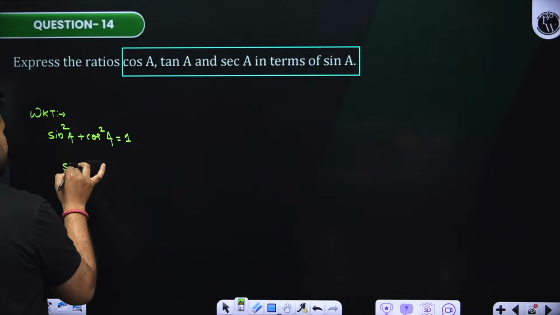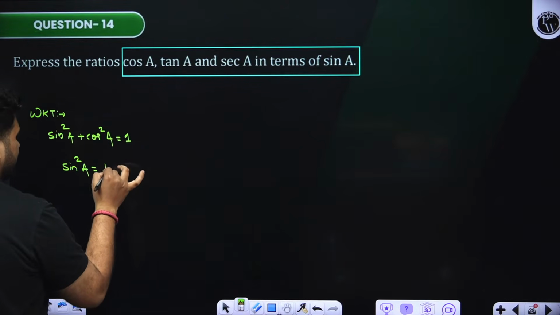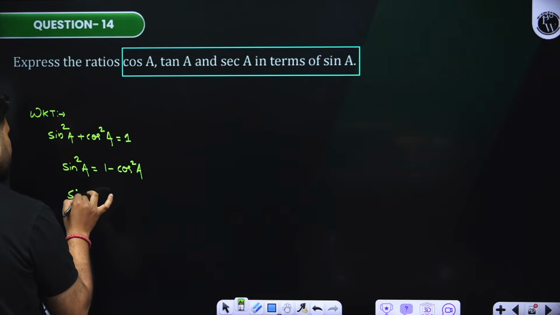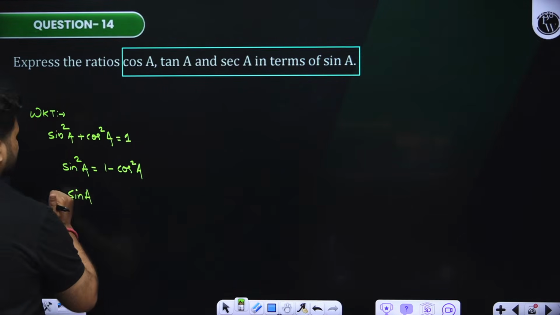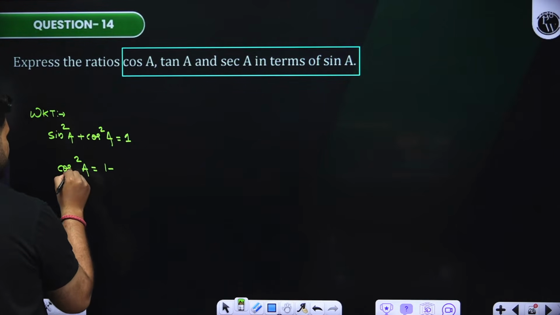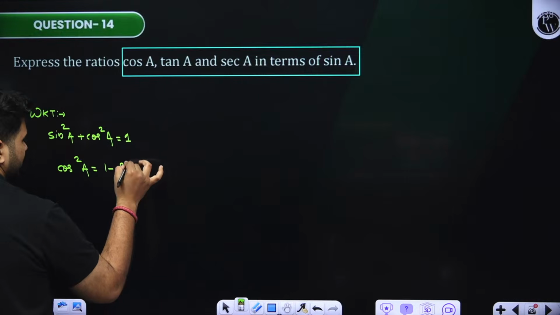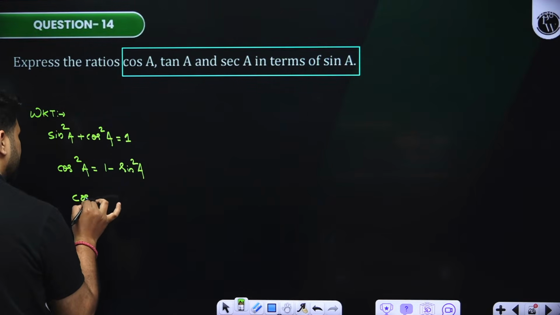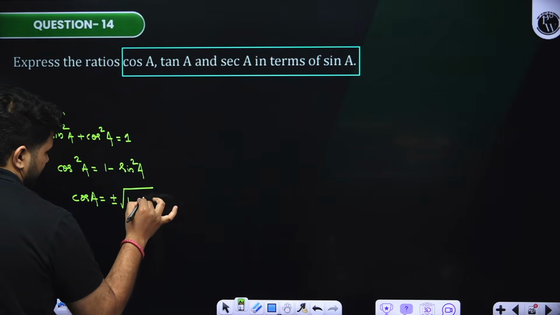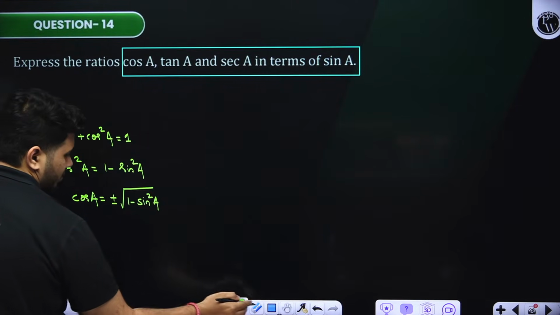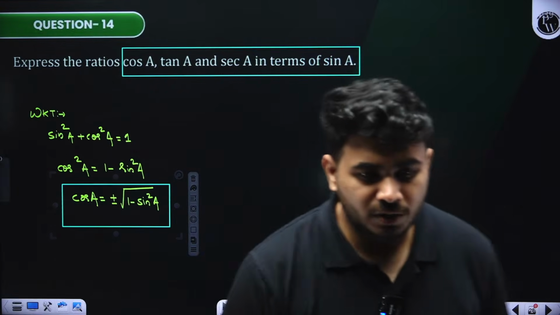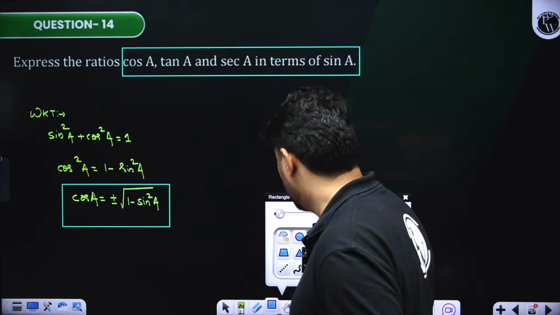So from here sin square A will be equal to 1 minus cos square A. Since we have to express cos A, cos square A will be equal to 1 minus sin square A. So cos A value will be plus or minus square root of 1 minus sin square A. Understood, right? So this is how we express. Next.